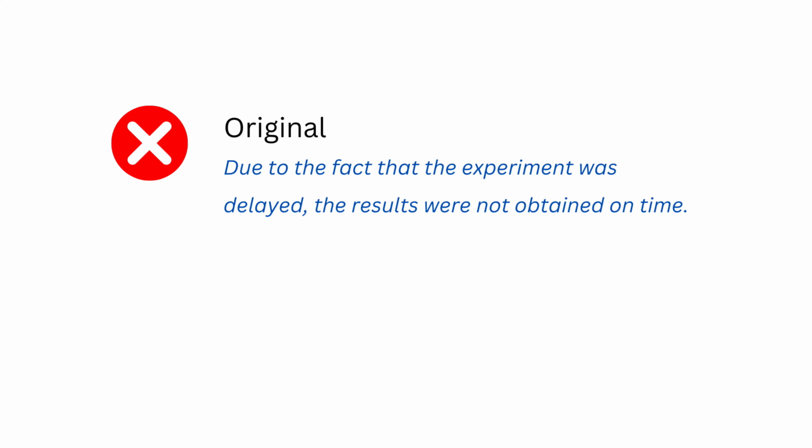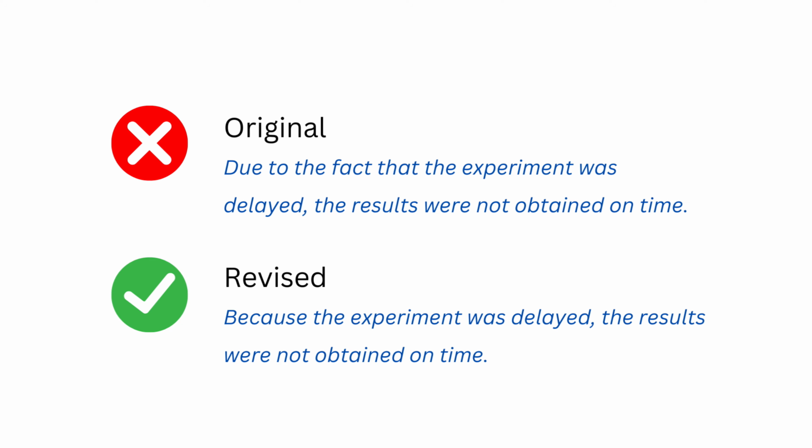Here are some examples. Rather than writing, "Due to the fact that the experiment was delayed, the results were not obtained on time," you might write, "Because the experiment was delayed, the results were not obtained on time." The phrase "due to the fact that" is a common culprit in academic writing, but in most cases it can be replaced with "because." This simple change can save several words per sentence.